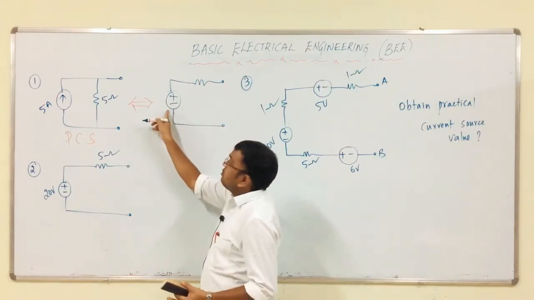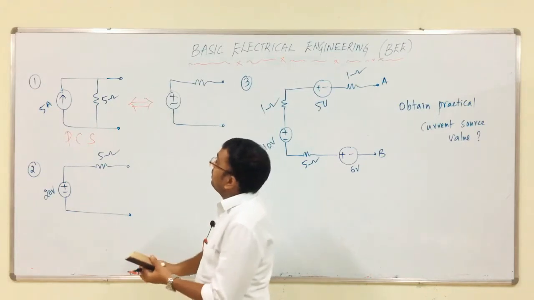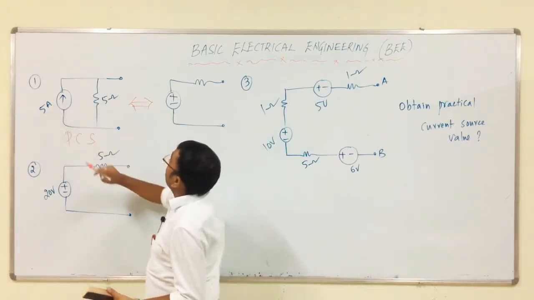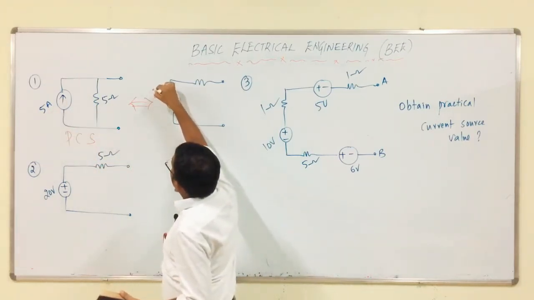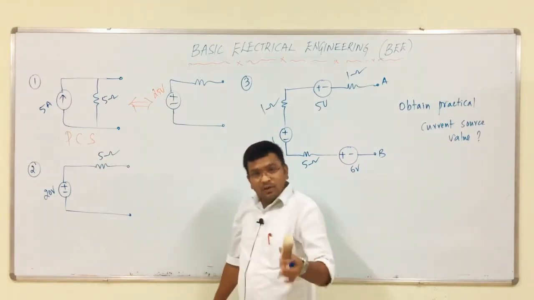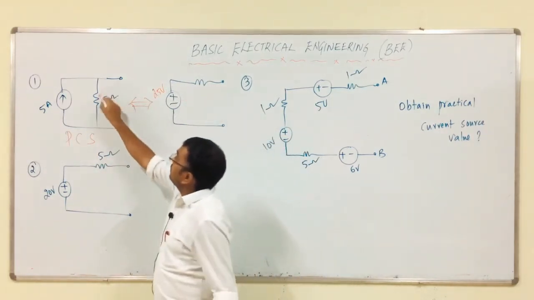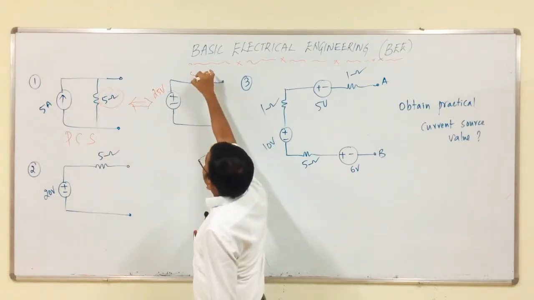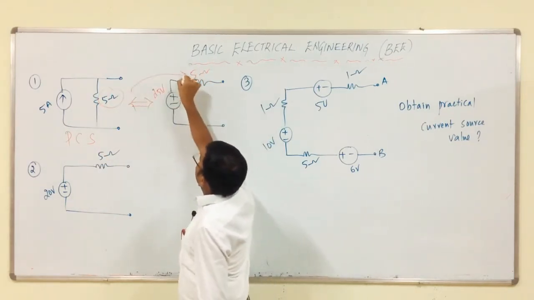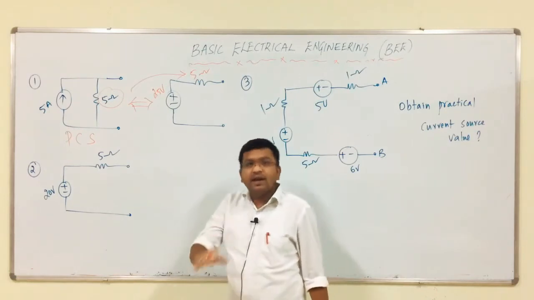What is the value of this voltage source? Simply I into R. 5 into 5 is 25 volts, the voltage source value. And what about this resistance value? The same value of resistance should be present here. There is no change in the value of resistance.